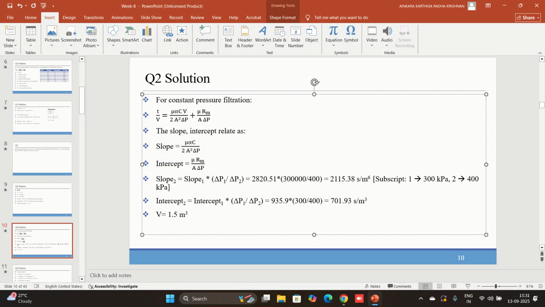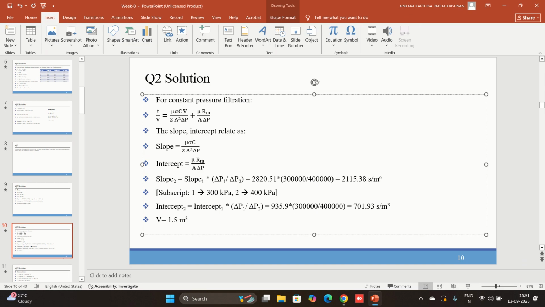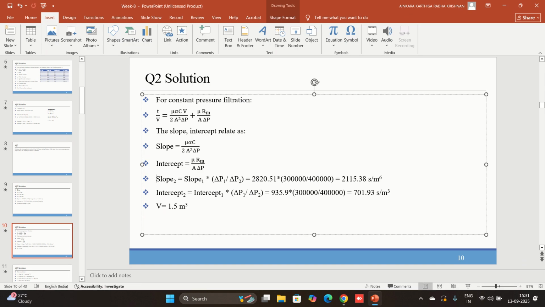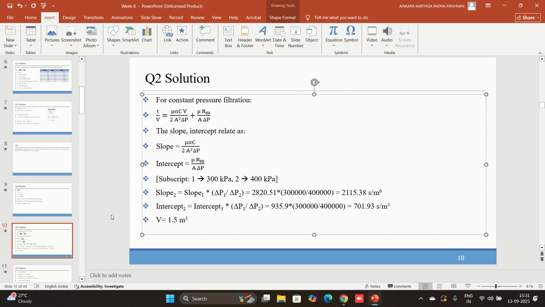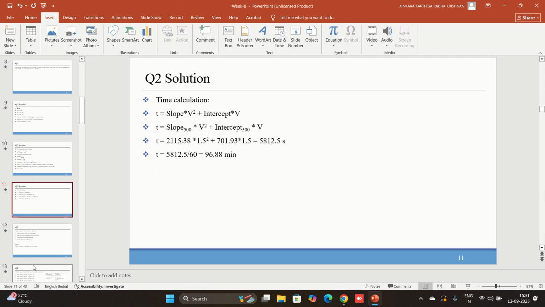So basically we can put 300,000 also to keep consistency. Now we need to find the time at which we collect the 1.5 meter cube of filtrate. So continuing to that, time is equal to slope into V square plus intercept into V.